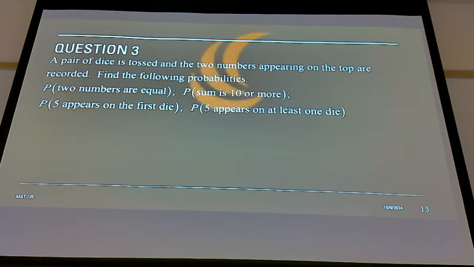A pair of dice is tossed, and the two numbers on the top are recorded. Find the probability of each of the following. So first, I have two ways to do this, actually.